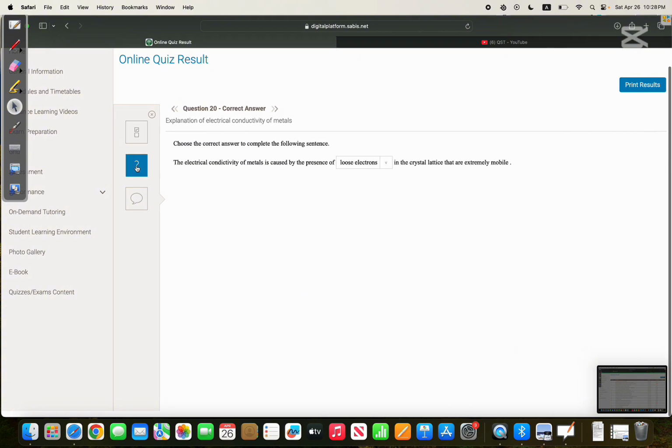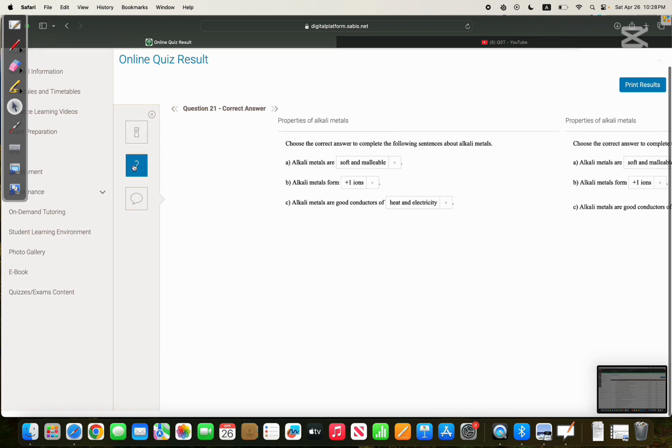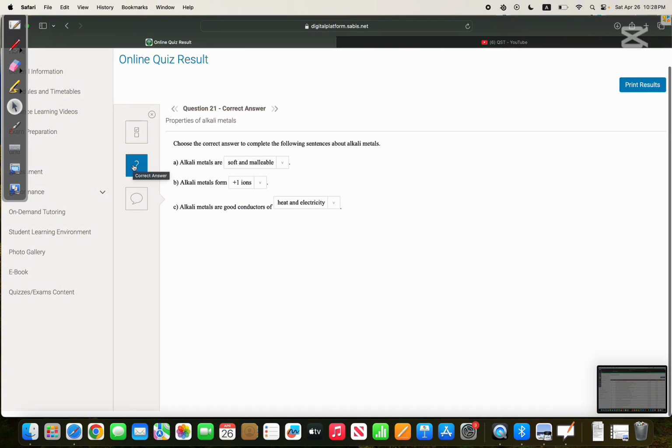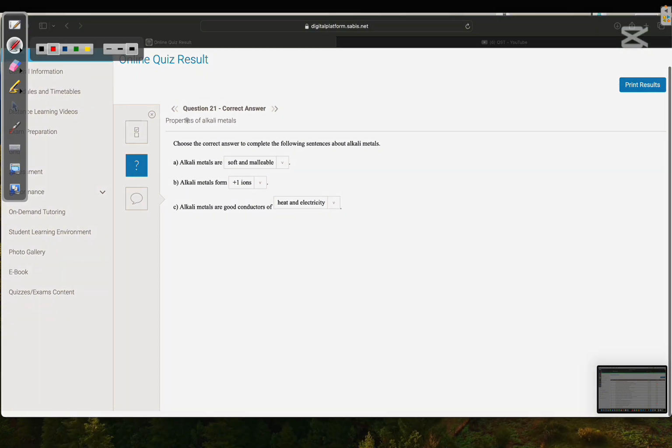Number 20. The electrical conductivity of metals is caused by the presence of loose electrons in the crystal lattice. Okay. Number 21. Alkali metals are soft and malleable. Okay. Alkali metals form +1 ions.